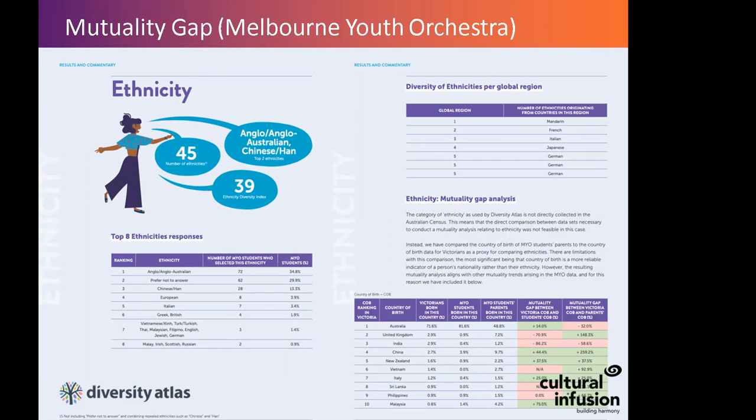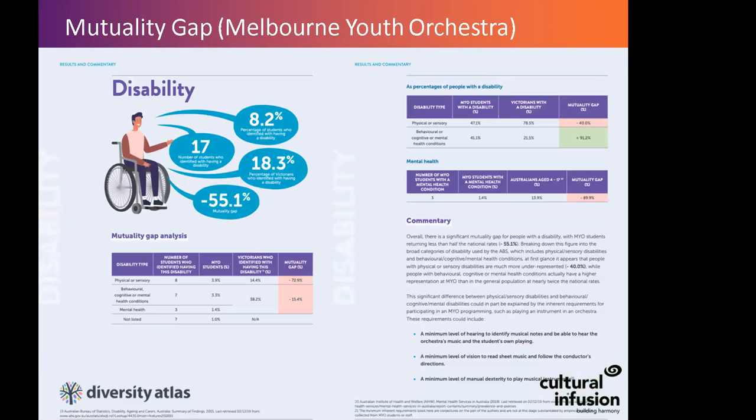Here's another screen grab for ethnicity. In total, there were more than 45 ethnicities represented in the Melbourne Youth Orchestras. I will be making this available for each of you to download and look at in further detail. And of course, disability was an area that was hugely underrepresented.